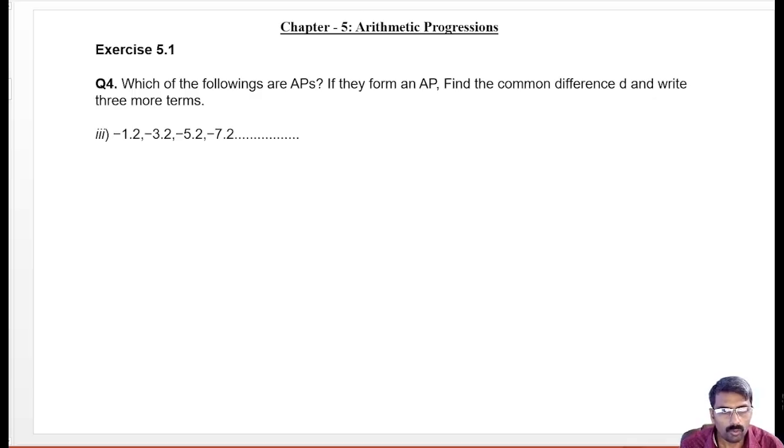Our next sub question is minus 1.2 comma minus 3.2 comma minus 5.2 comma minus 7.2. This is given for us. So the given terms are minus 1.2 comma minus 3.2 comma minus 5.2 comma minus 7.2 and so on.